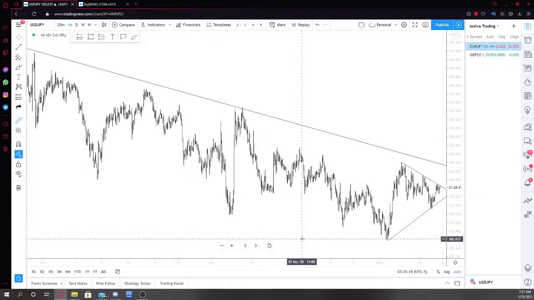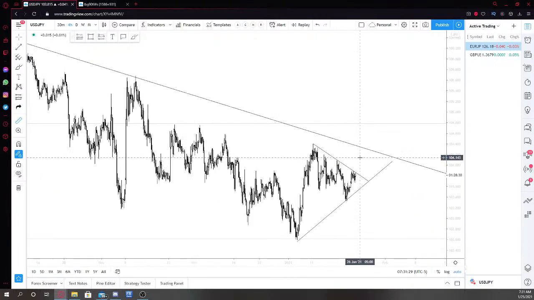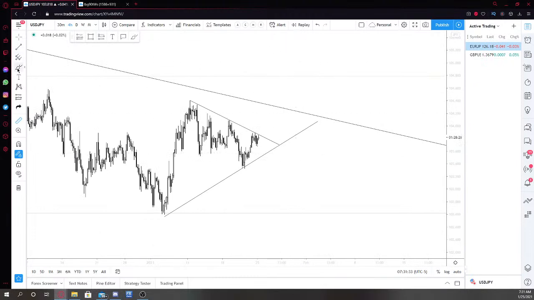We'll take this area for now. All right, so that's the market for UJ. This is ideally what I'm looking for, and then watch price in that area.